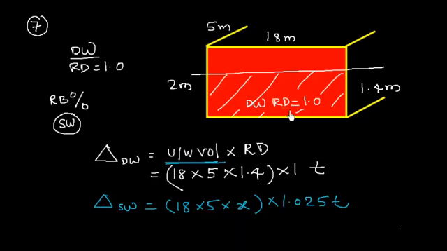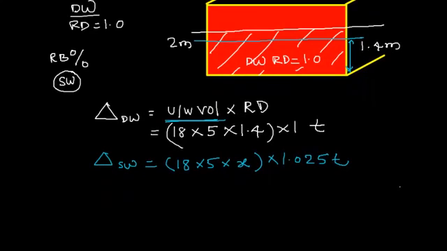The vessel was in dock water and now it goes to salt water. Salt water is much heavier, which will support the vessel, so the draft will be less than 1.4 meter, somewhere here.